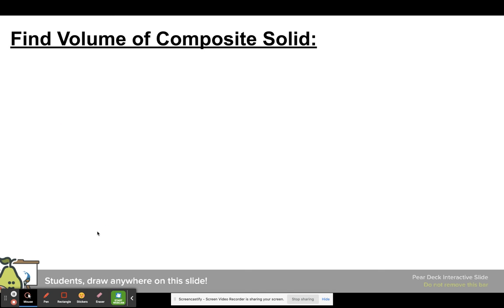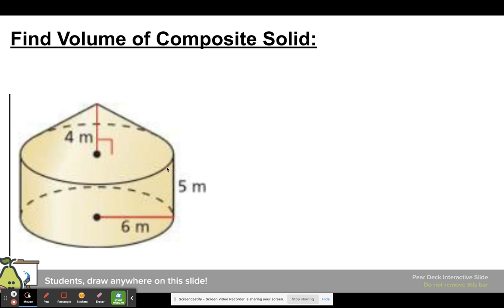The last thing we're going to do is we're going to find the volume of the composite solid. So we've done this already a few times. So now just go ahead and solve for the volume of this composite solid. Okay, so the two things that you should have noticed is that the two solids that compose this composite solid are a cylinder, and then we have our cone.